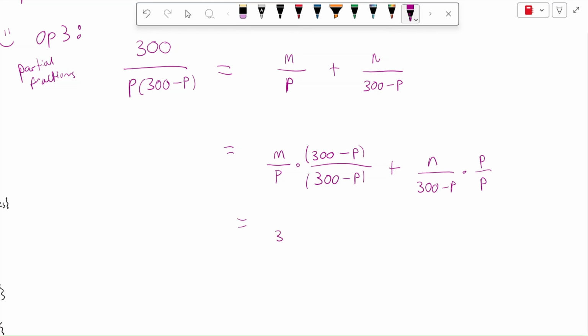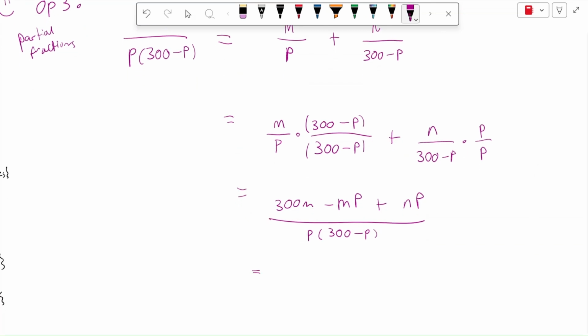So you've got 300m take mp plus np, all over p times (300 take p). And if we group this up, you've got 300m, and I'm going to take m lots of p.